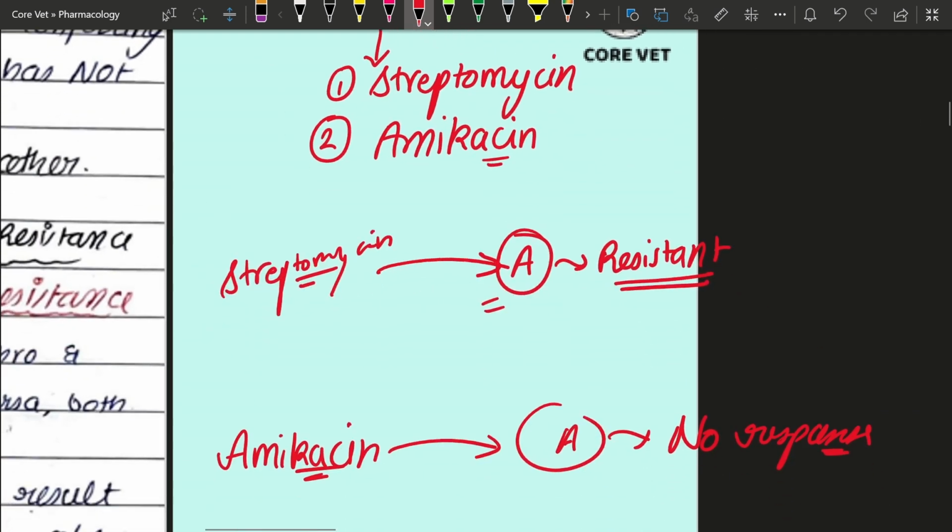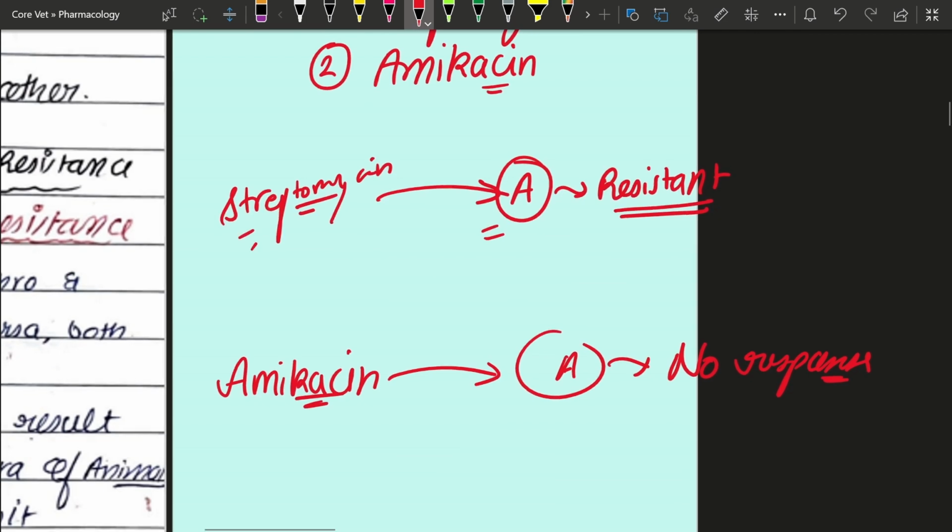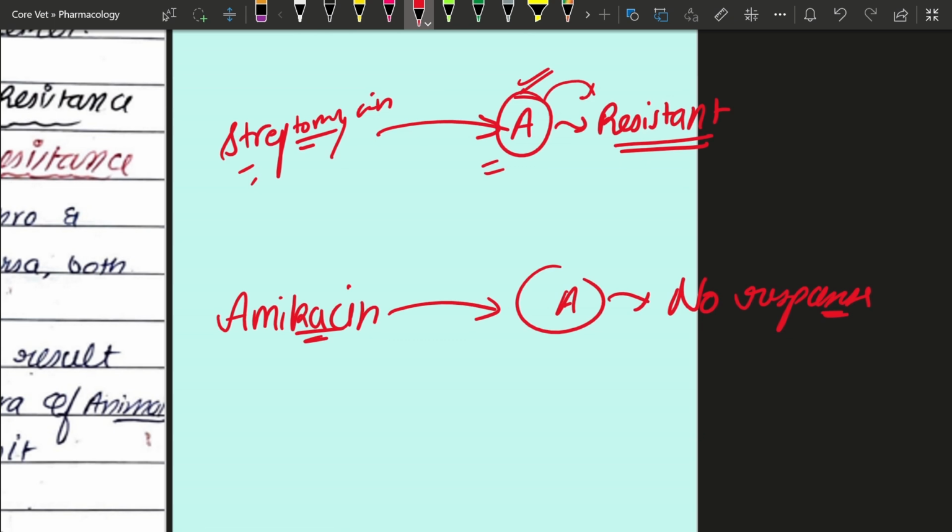When I applied the streptomycin the very first time to bacteria A, the bacteria gained a resistance towards that drug. Then the next time I applied amikacin, which is of the same class, the aminoglycoside, I observed that no response was produced.